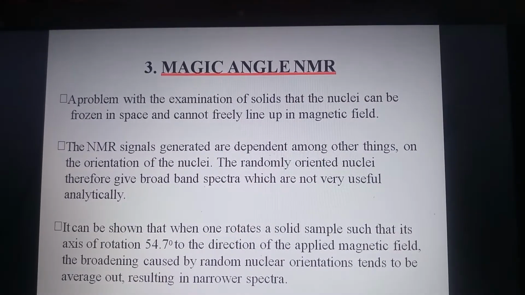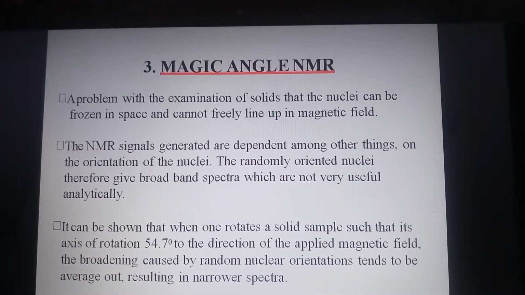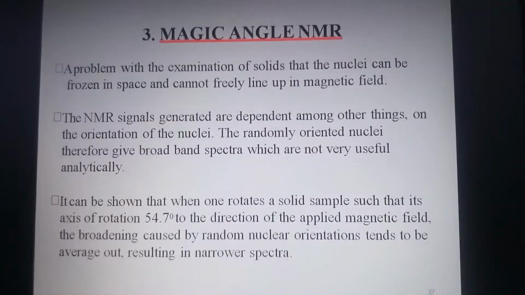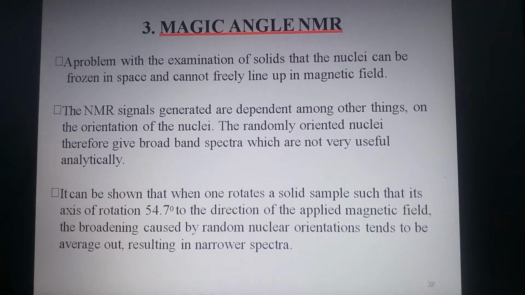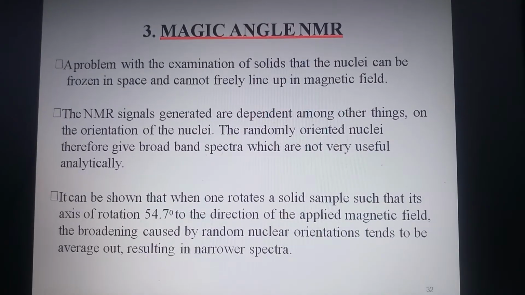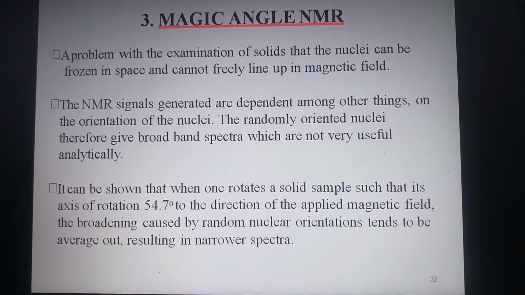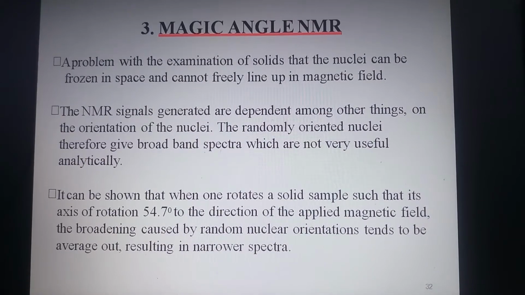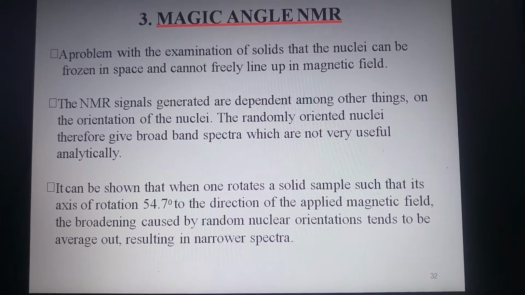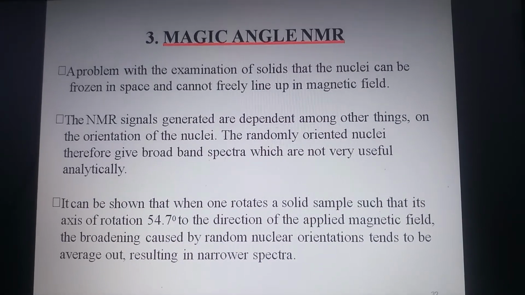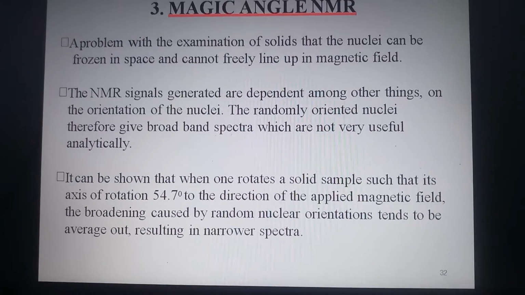The randomly oriented nuclei therefore give broad band spectra, which are not very useful analytically. It can be shown that when one rotates a solid sample such that its axis of rotation is 54.7 degrees to the direction of the applied magnetic field, the broadening caused by random nuclear orientations tends to be averaged out, resulting in narrower spectra.